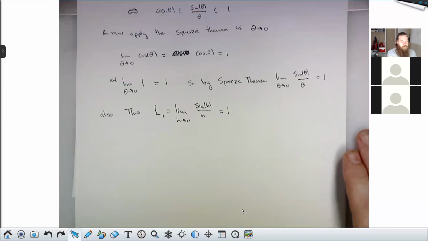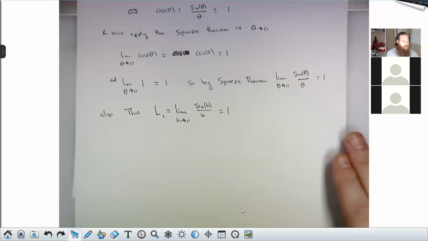So that's the proof of our special trig limit. Sine x over x or sine h over h or sine theta over theta goes to 1 as that variable, whatever you call it, goes to 0. This is a special limit that we need to hold on to forever.